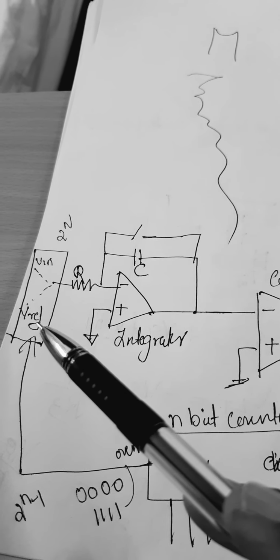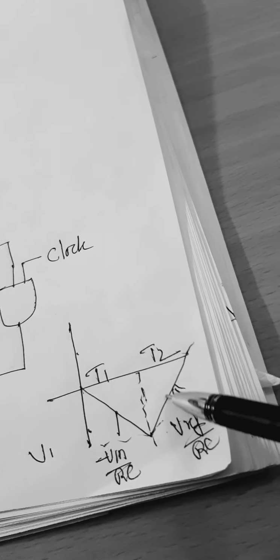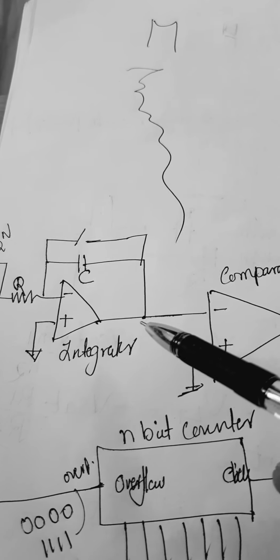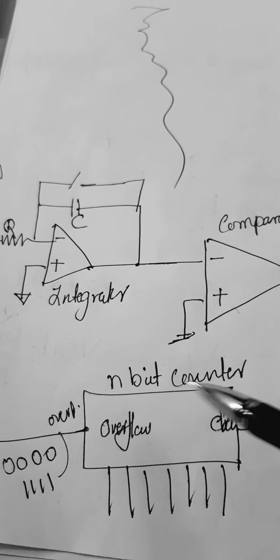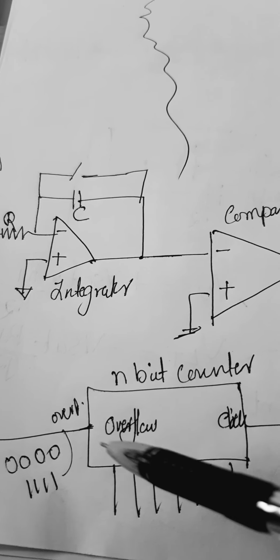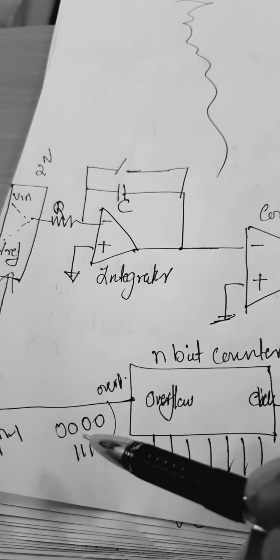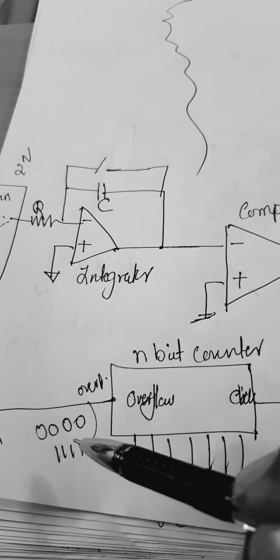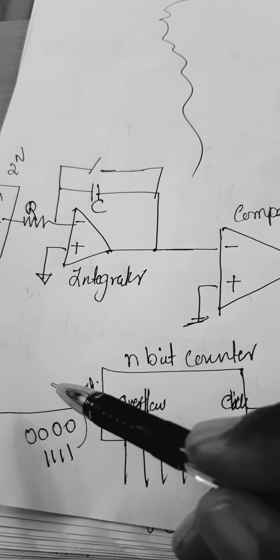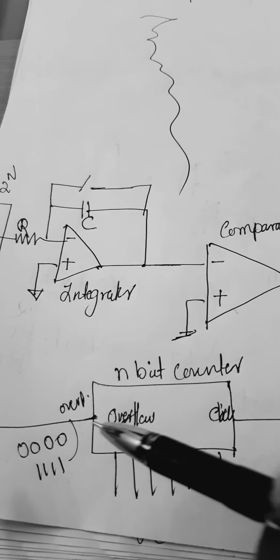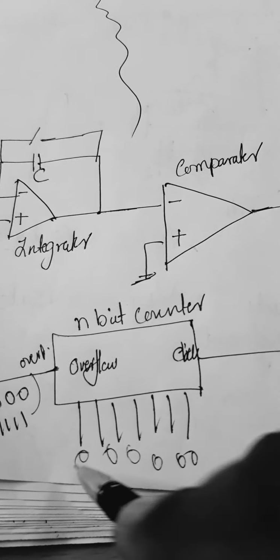Now what happens once it is connected to V reference? It starts integrating in the positive direction. When the counter counts 111 and overflow becomes 1, all the counter outputs are reset.